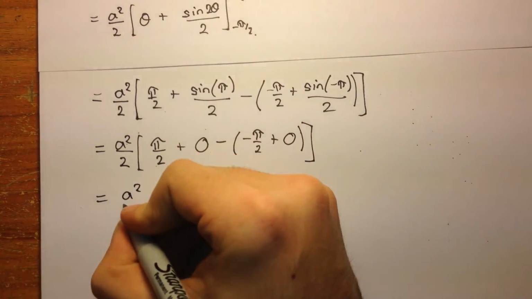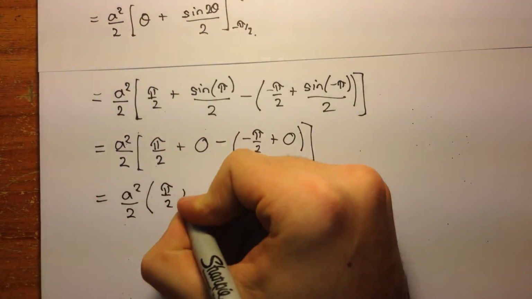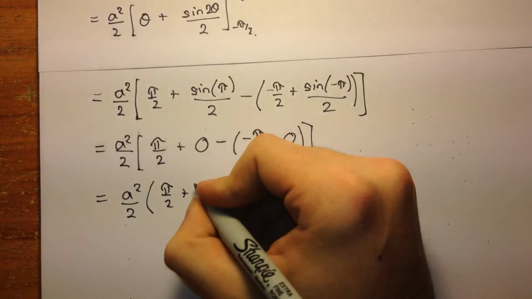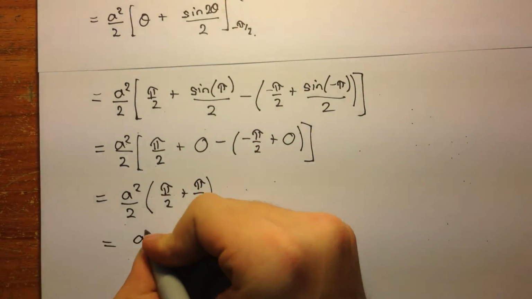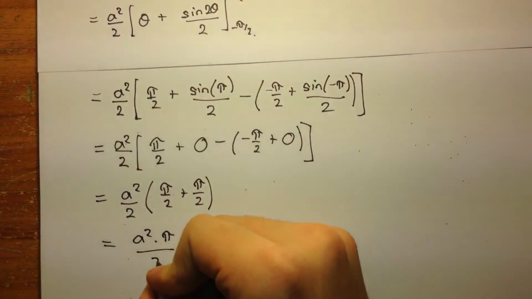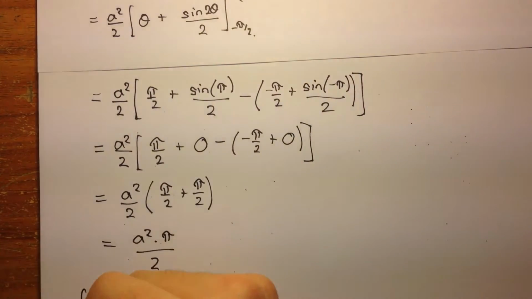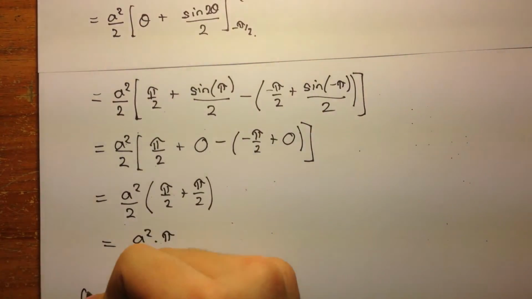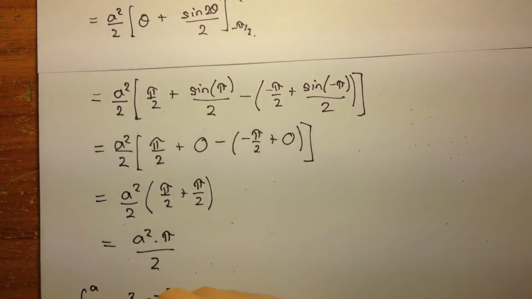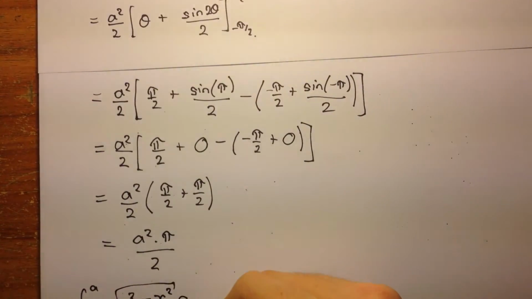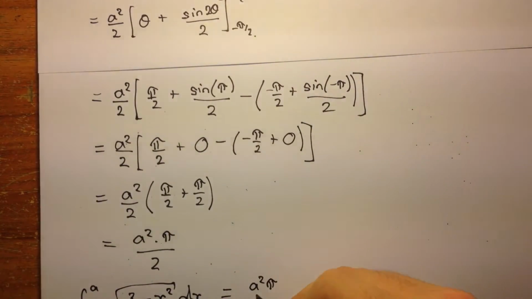We get a squared over 2 into pi on 2 plus, because we have minus minus, so we get plus pi on 2, which is equal to a squared times pi over 2. And that is your final answer. So therefore, the integral between minus a and a of the square root of a squared minus x squared, dx, is equal to a squared pi over 2.